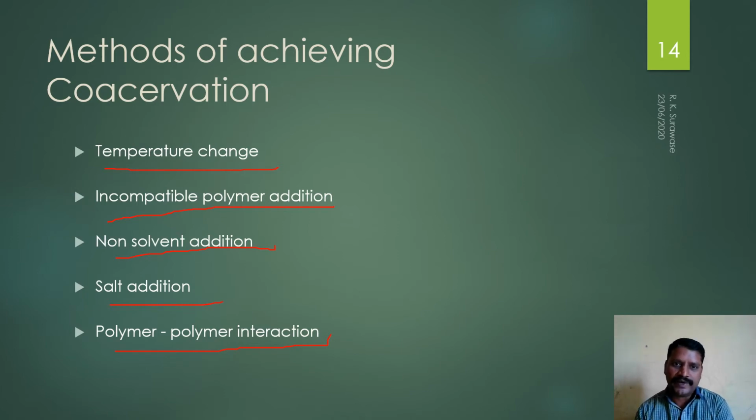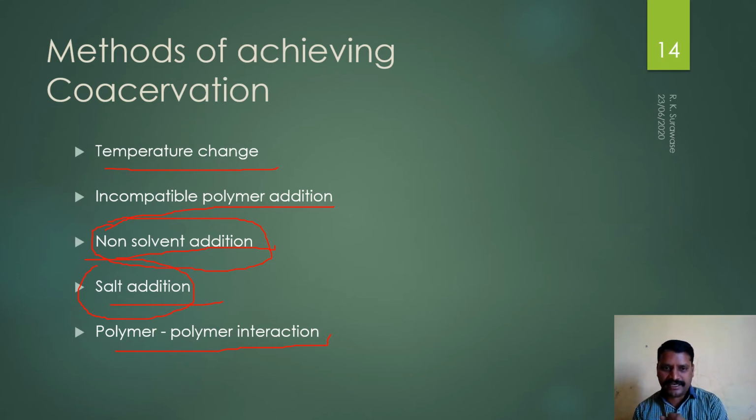Here incompatible polymer addition means the addition of two incompatible polymers. Then non-solvent addition means the non-solvent is responsible for the phase separation. Salt addition, now the addition of the salt is responsible for the separation of phases.